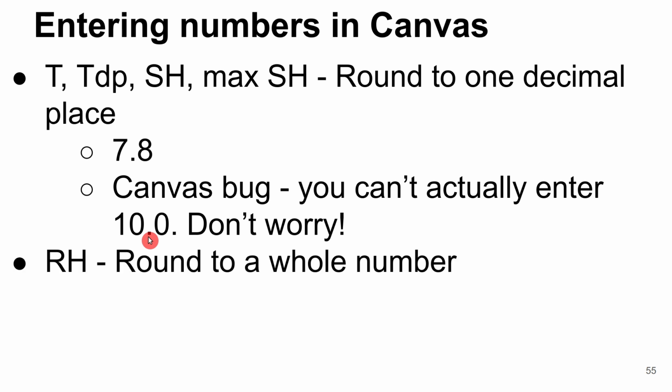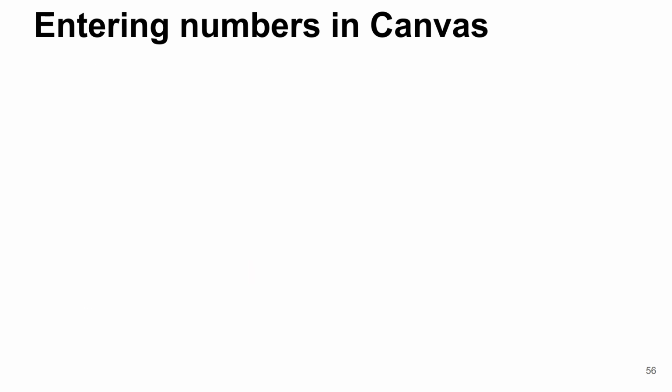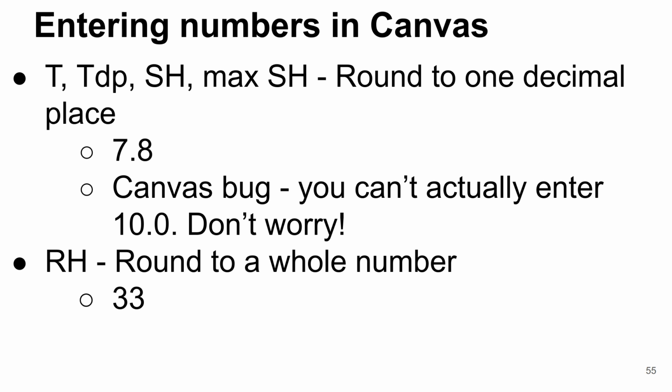Relative humidity, round to a whole number. So both of the temperatures and both of the specific humidities round to 1 decimal place. If you found 33 is the answer, that's going to be 33%.